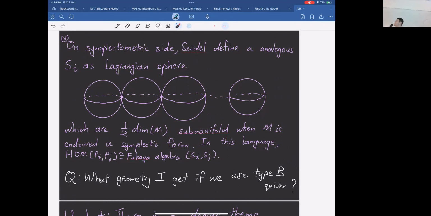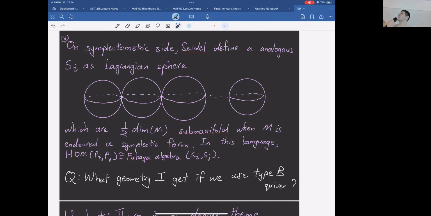But this construction of the Lagrangian sphere is really modern. I can see that the idea is coming from Arnold, but this construction is by Seidel. This is quite early work by Seidel. Seidel and Khovanov worked together, and Seidel first defined this kind of thing, and then he worked with Khovanov on this braid group.